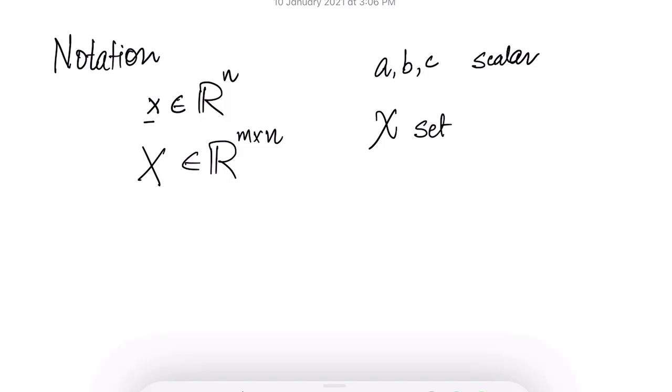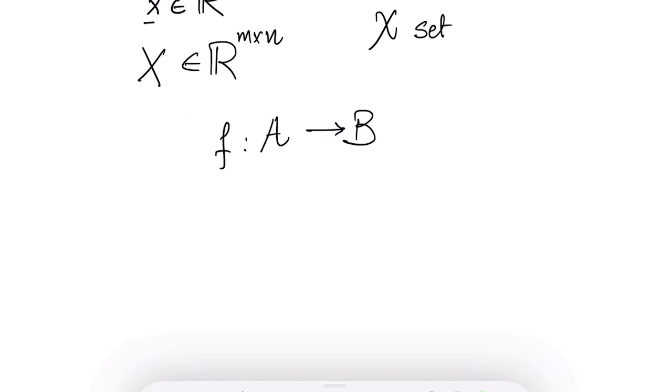Then a function f is denoted as going from some set A to another set B. So both A and B here are calligraphic. It looks something like this. So this is the domain of the function.